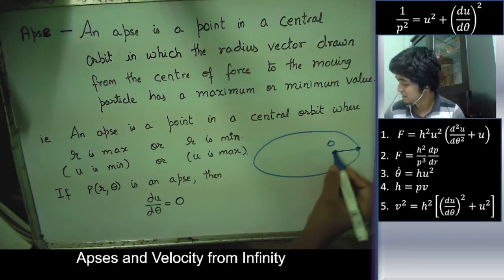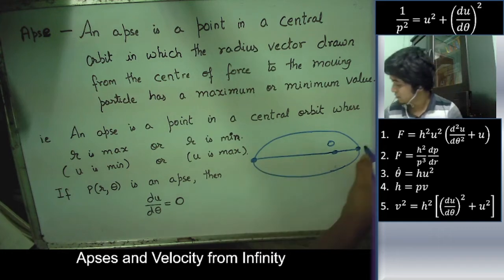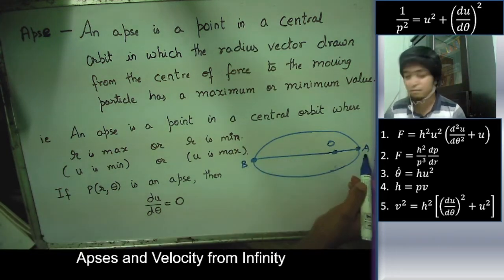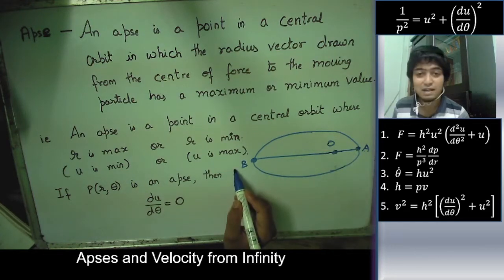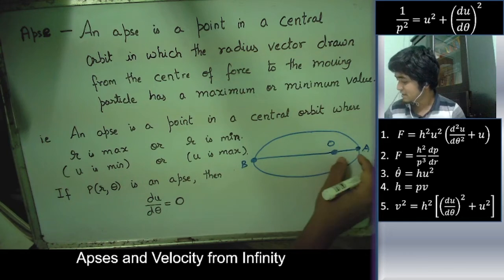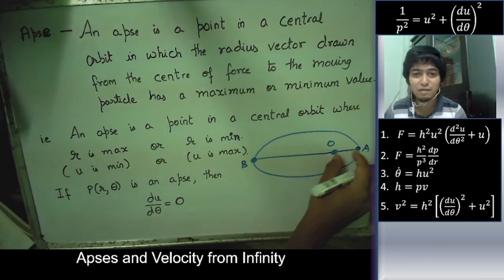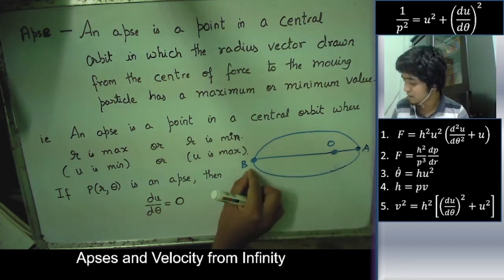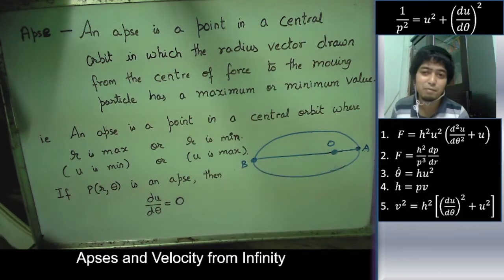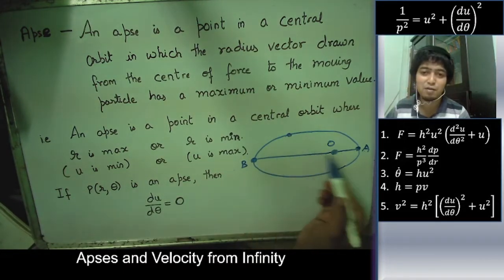Maybe OA and OB. Over here we are saying that A and B are both apse, because OA is the minimum possible distance for the particle to be from O, and B is the maximum distance for the particle to be from O. If you take any other point, it is not the maximum or minimum.